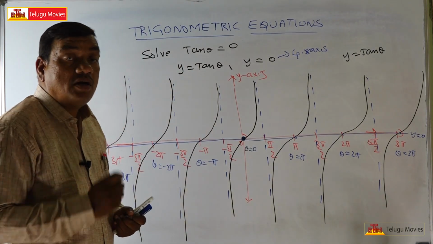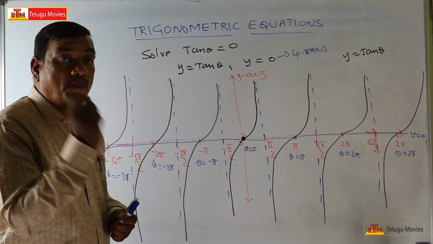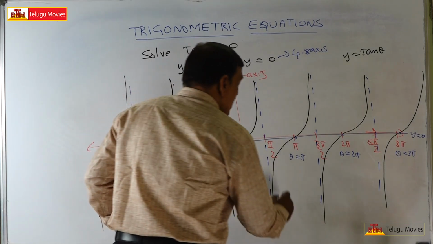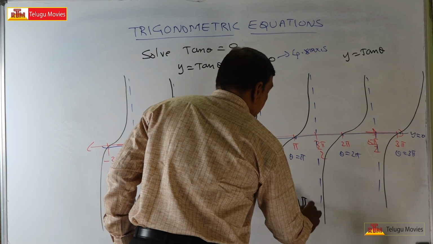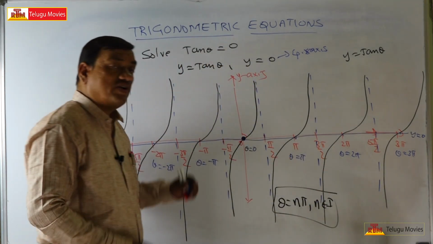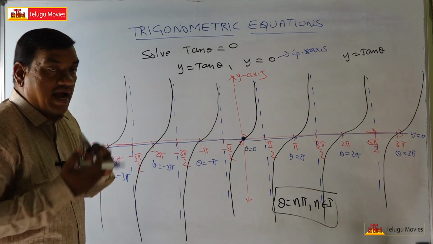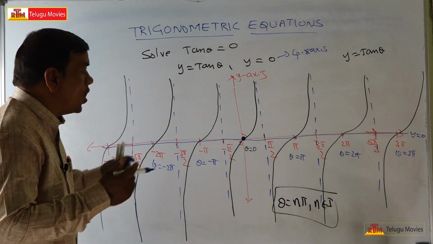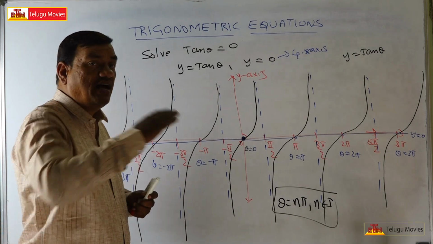All are integral multiples of pi. That means theta is equal to n pi, where n belongs to integers. So for sin theta equal to 0 and tan theta equal to 0, all the solutions are the same.